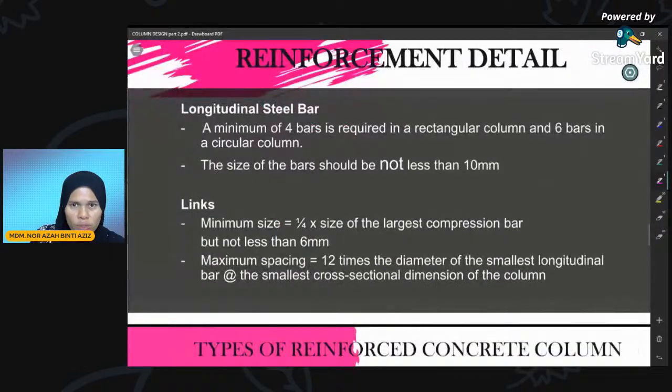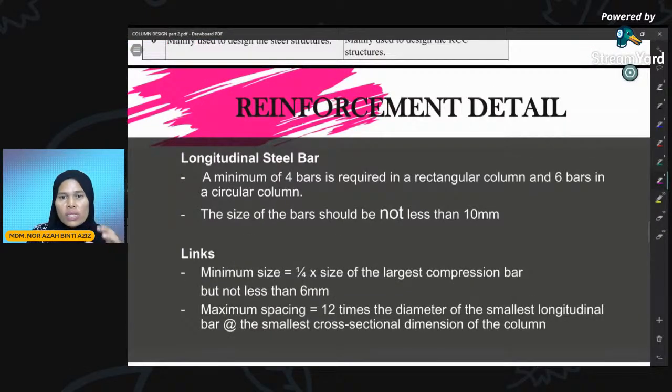Okay, next we go to reinforcement detail in reinforced concrete columns. The minimum number of bars required in a column is 4 bars for a rectangular or square column, while for a circular column, the minimum is 6 bars.